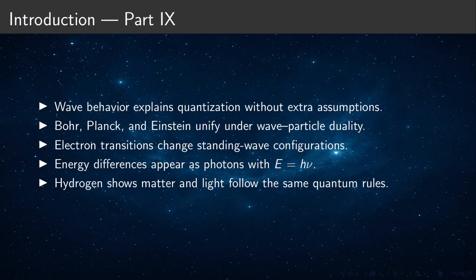The hydrogen atom, therefore, represents the first physical system to demonstrate that matter and radiation are governed by the same underlying quantum principles, in which discrete atomic structure and discrete light emission are two manifestations of wave-particle duality.